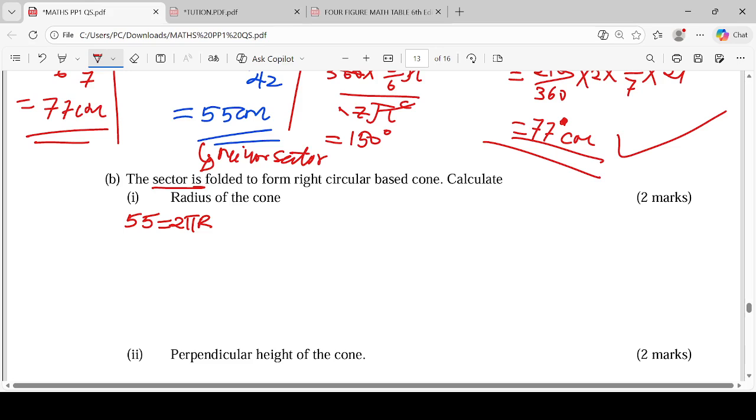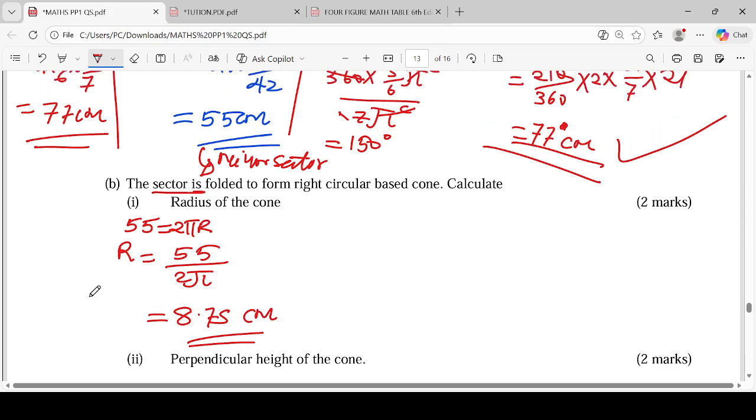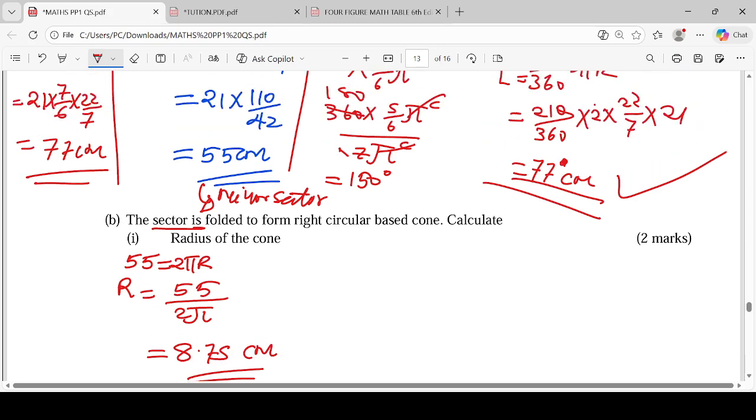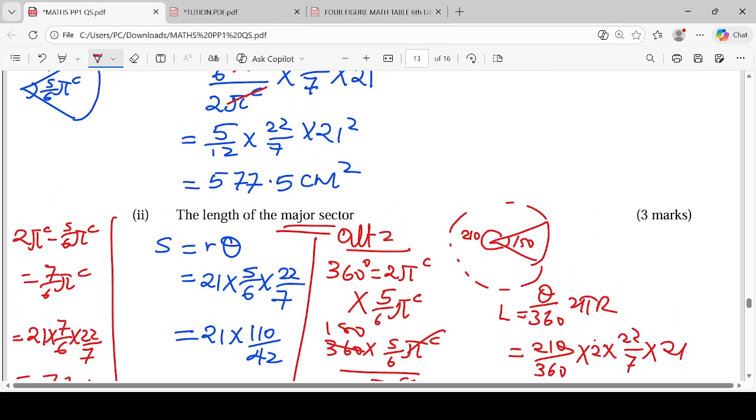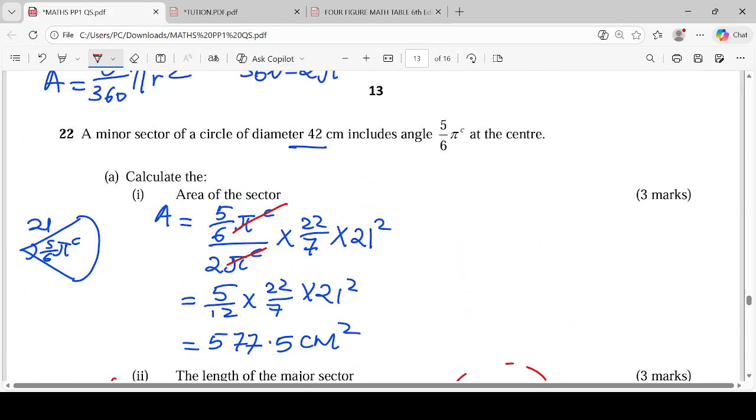The length of the sector becoming the circumference of the base of the cone, the radius will be given by 55 over 2 pi, which evaluates to 8.75 centimeters. I'm using the length of the minor sector, 55, not 77, because the sector was a minor sector here.